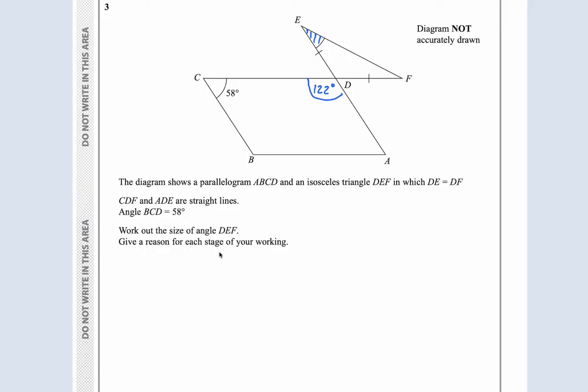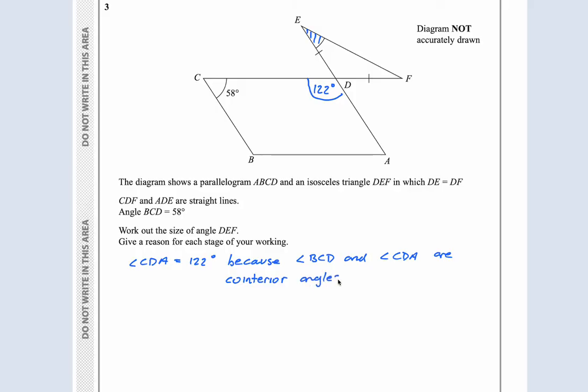Now he wants a reason, so I have to write down angle CDA equals 122 degrees, because angle BCD and angle CDA are, the technical word, guys, co-interior angles.